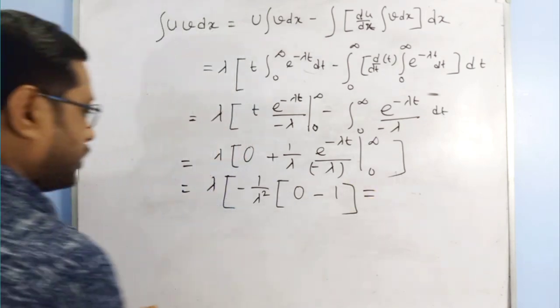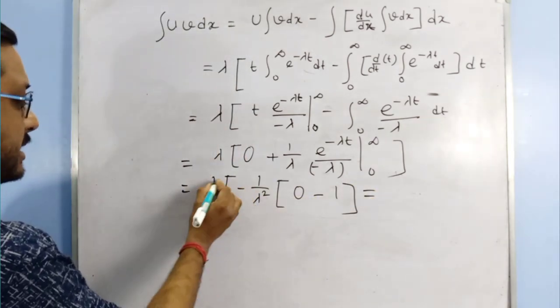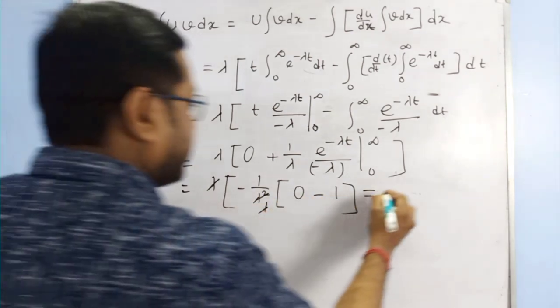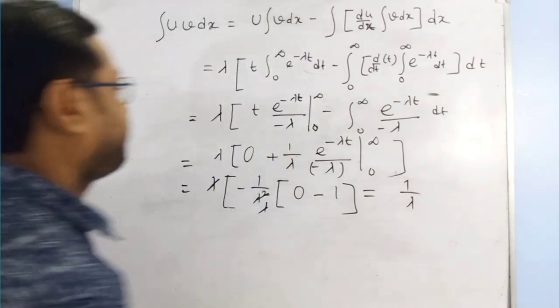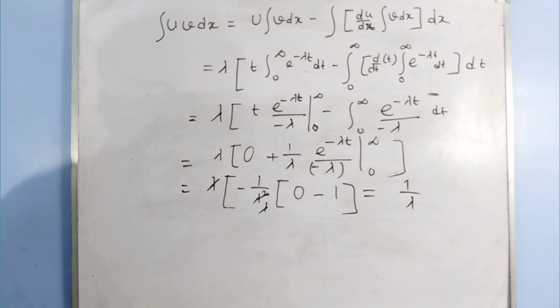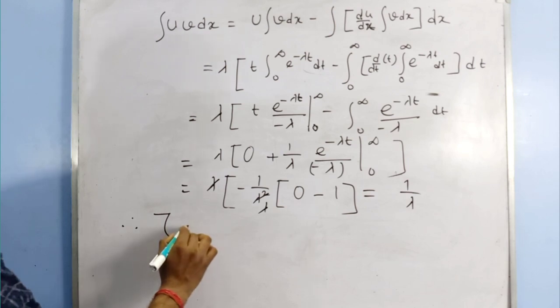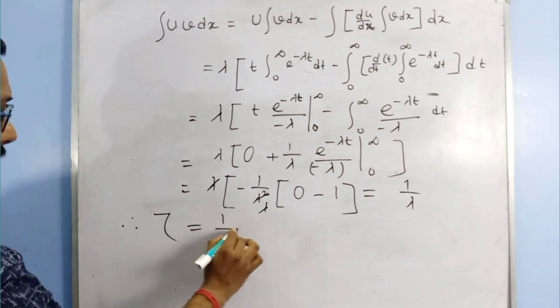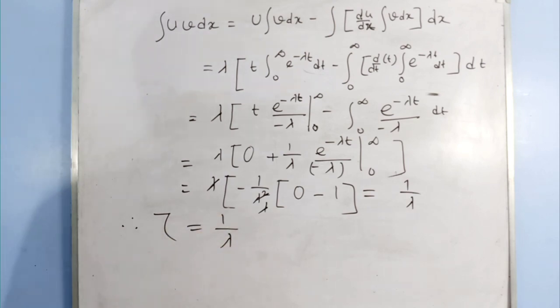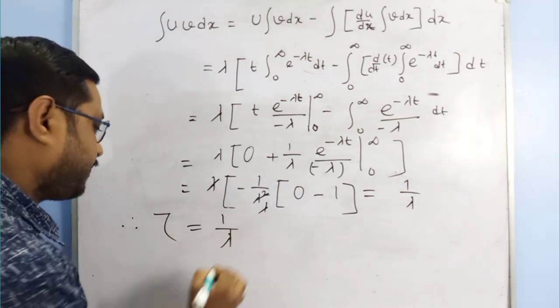So this minus gives plus, and finally we get 1 by lambda. So tau, the average life of a radioactive sample, is equal to 1 by lambda, inversely proportional to lambda, the decay constant.